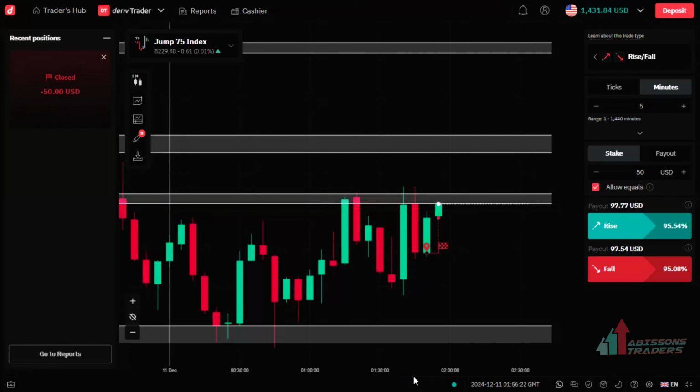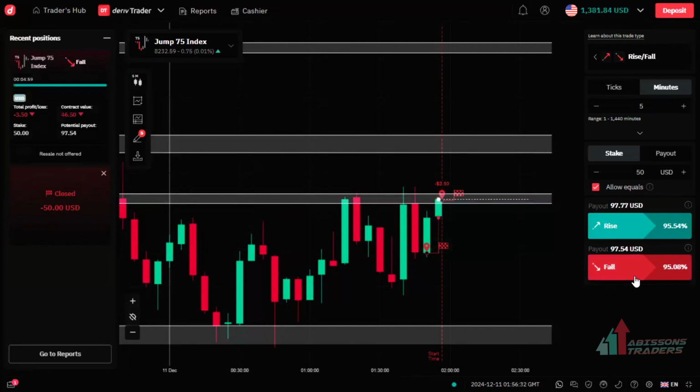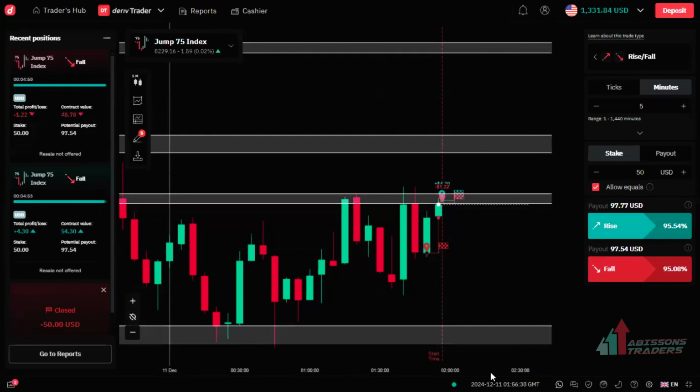Alright guys, as you can see, the price has now reached the resistance zone, and I'm going to place a down trade for 5 minutes, expecting the price to reverse and go down. Alright, so now let's wait for results.